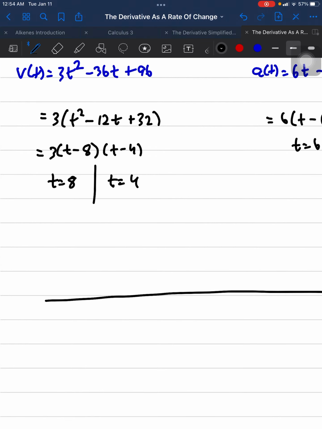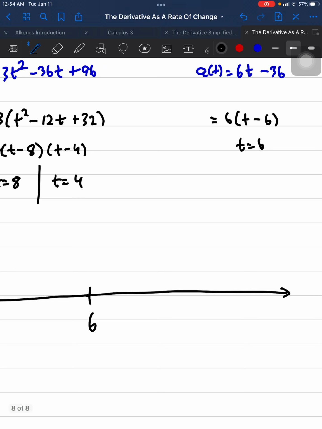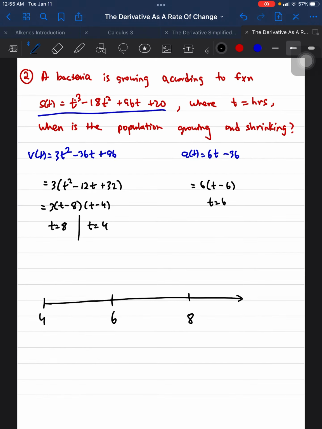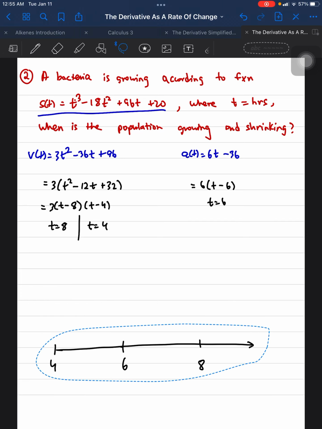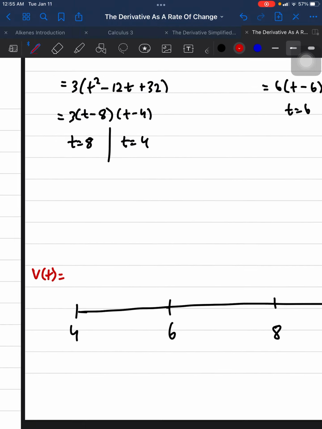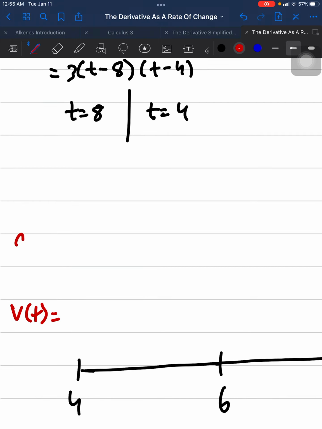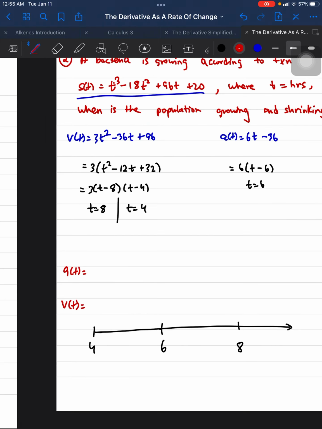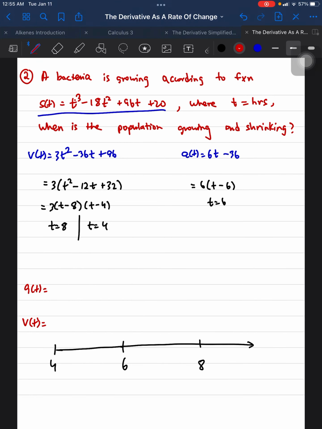So when we make the coordinate plane, we start from 4, 6, and then we have 8. Now we pick points and evaluate them in the velocity function and the acceleration function.